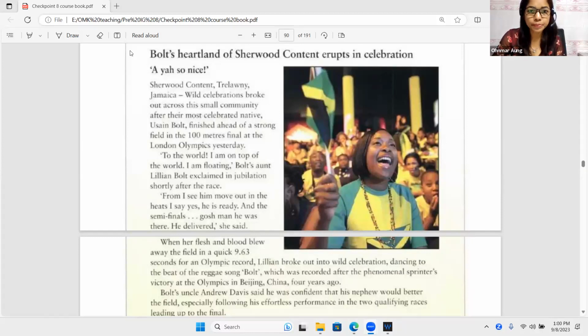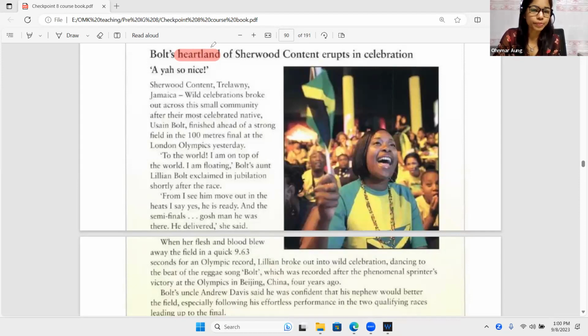So here, everybody, heartland. Heartland means an important part of the country, right?